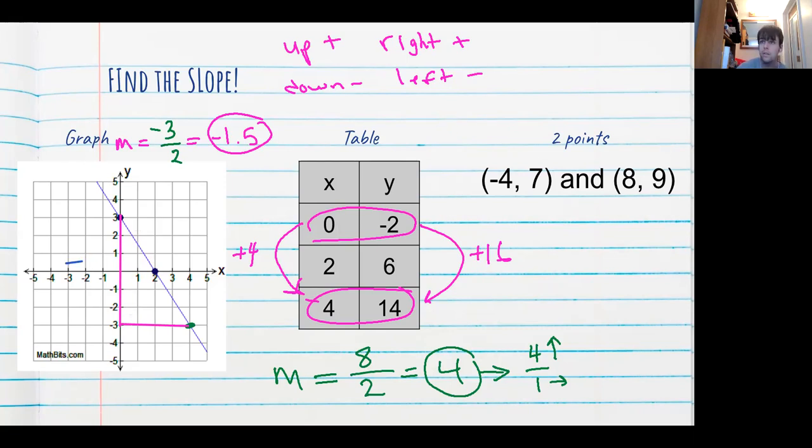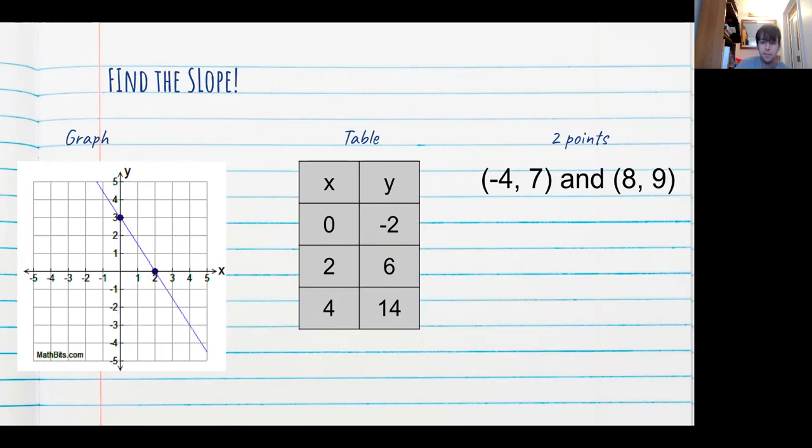So -6, that's my vertical change. And I'm going over 4. When I write that as a slope, -6 over 4, change in y over change in x, that is a reducible fraction that actually reduces to the same slope that we had right up here. So between any 2 points, our slope should be reduced to the same value when we simplify as much as we can.